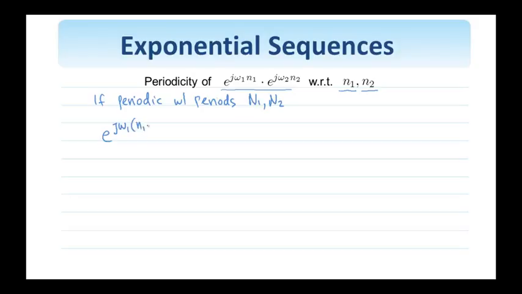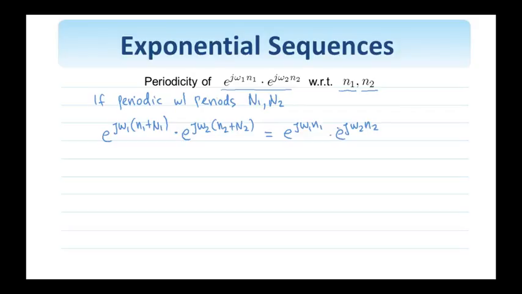Whenever in n1 we substitute n1 plus capital N1, and in n2 we substitute n2 plus capital N2, then if it were periodic, this should be equal to e to the j omega 1 n1, e to the j omega 2 n2, right?